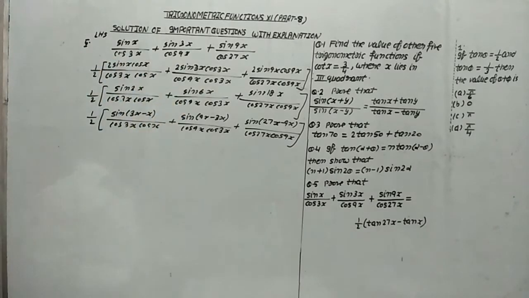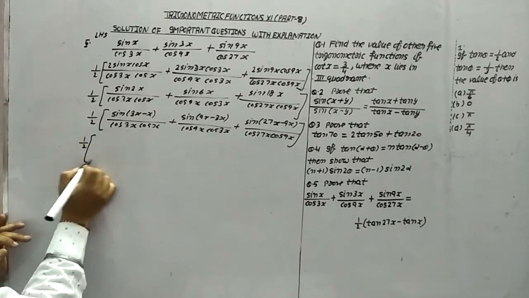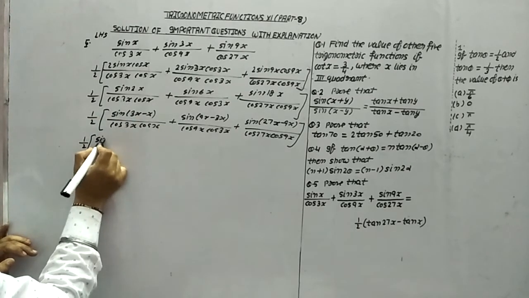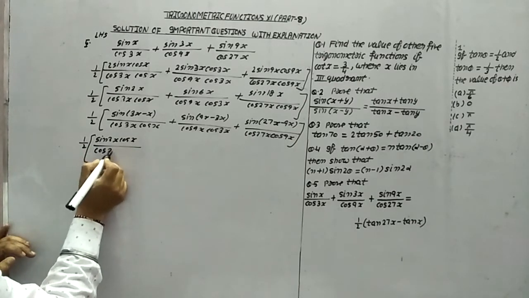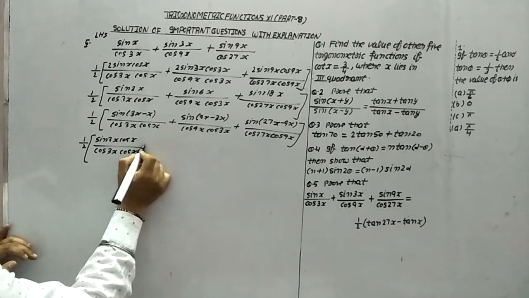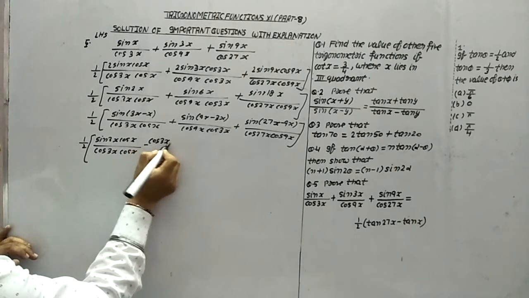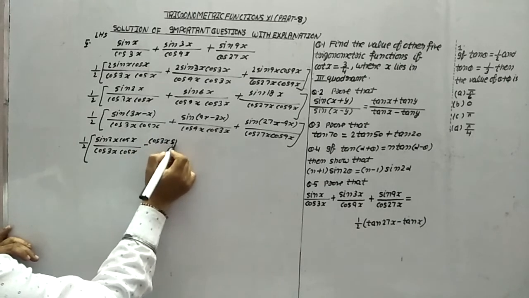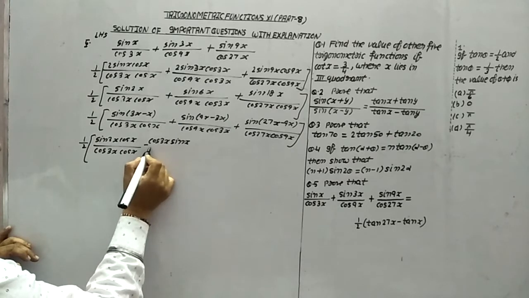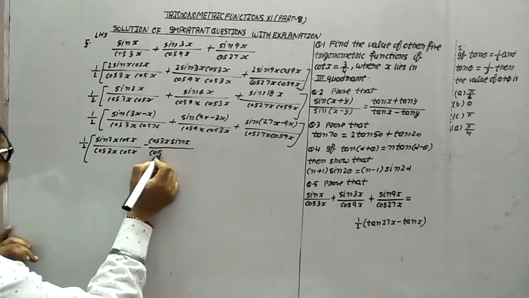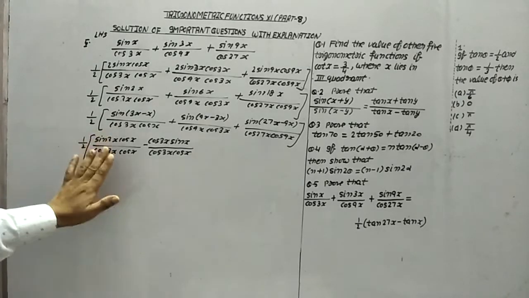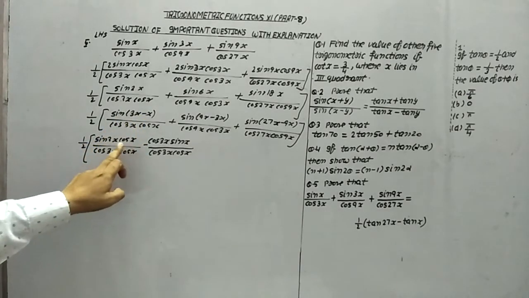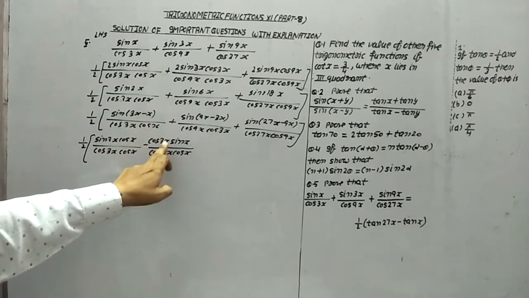Now we will open this identity. Sin(a minus b) is sin a cos b minus cos a sin b.